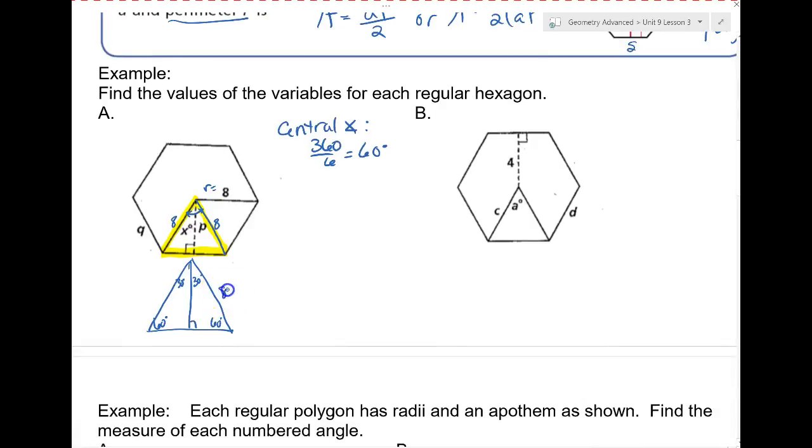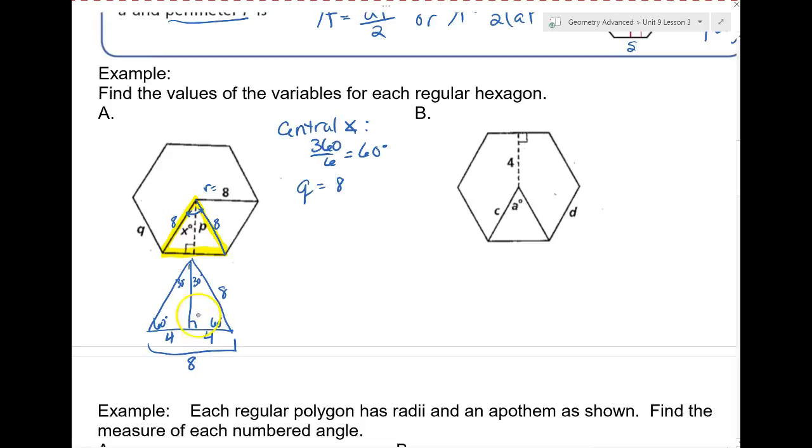And I know this side, and before I do anything else, I know that side's 8. Can I start using what I know about 30, 60, 90 triangles to solve for parts? What's the short leg? 4. If that's 4, doesn't that make this one 4? Oh, wait, what is your side length? 8, right? So what does Q equal? 8.